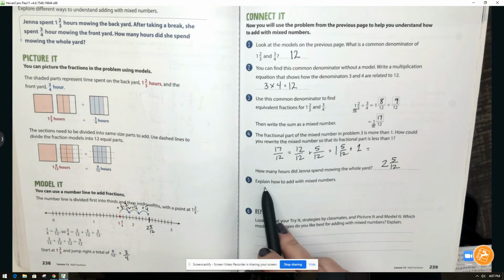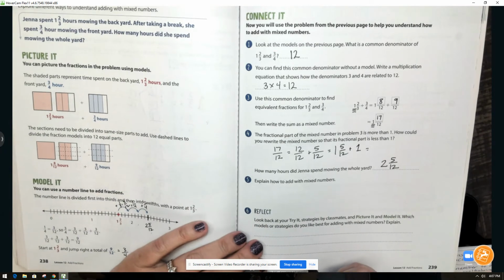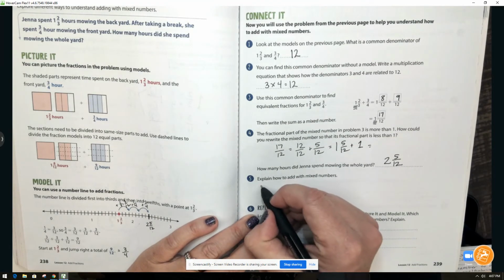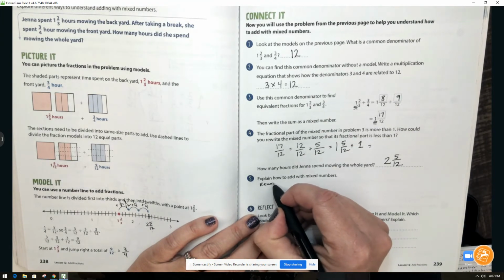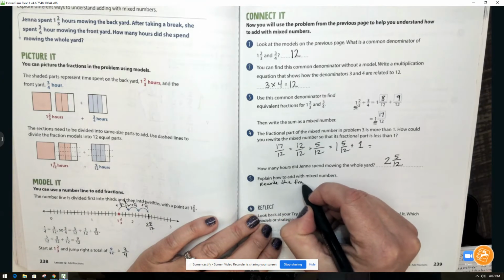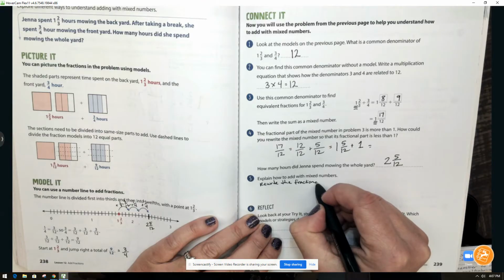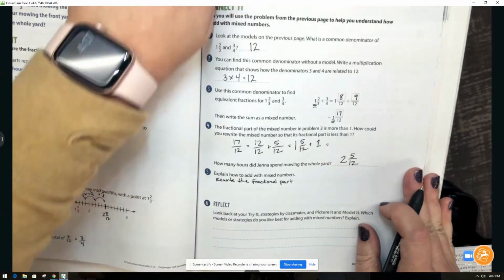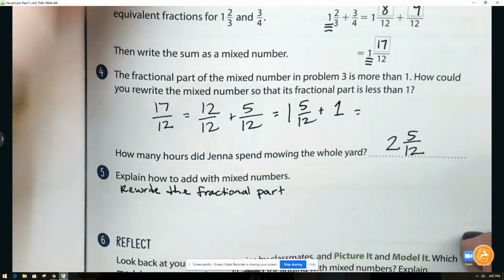So how is it that we add mixed numbers? What we do is we rewrite the fractional part. I'm going to make this a little bit bigger so it's easier for you to see.